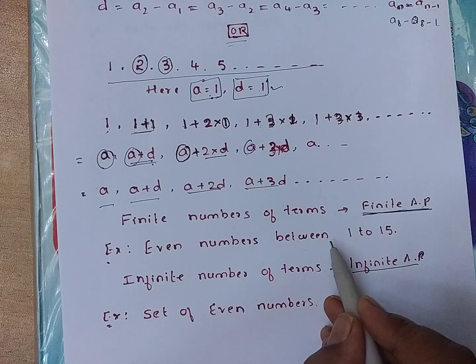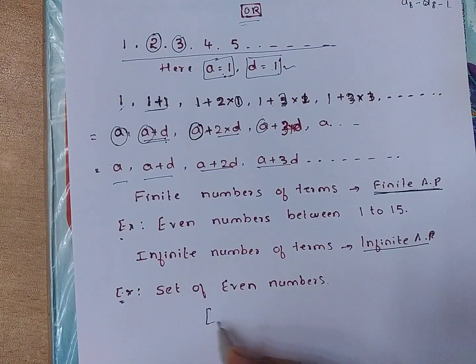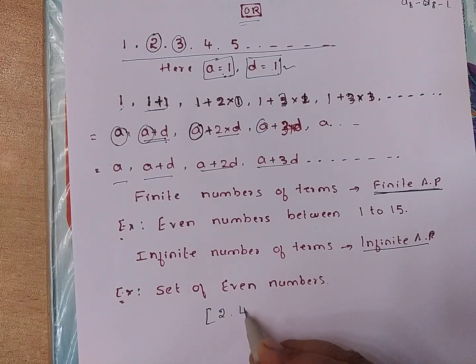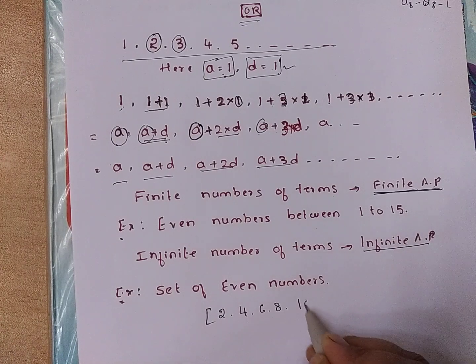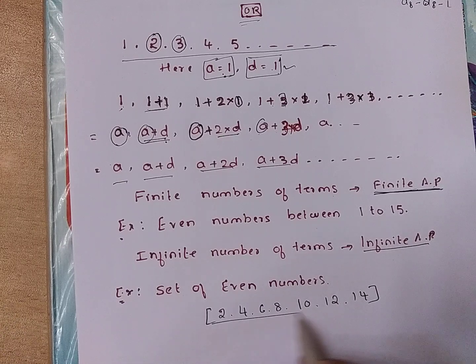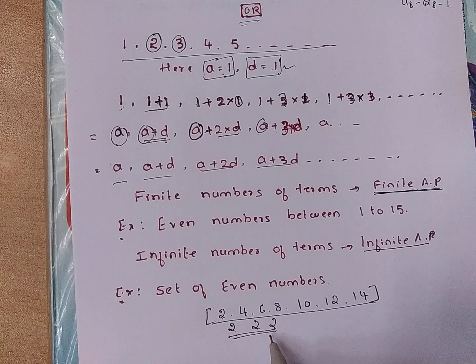What are they? 1 is odd, so you write 2, 4, 6, 8, 10, 12, 14. This is limited. And see whether it is an arithmetic progression or not. 4 minus 2, difference is 2. 6 minus 4, difference is 2. 8 minus 6, difference is 2. The common difference is the same. Therefore, this is an arithmetic progression with finite terms.